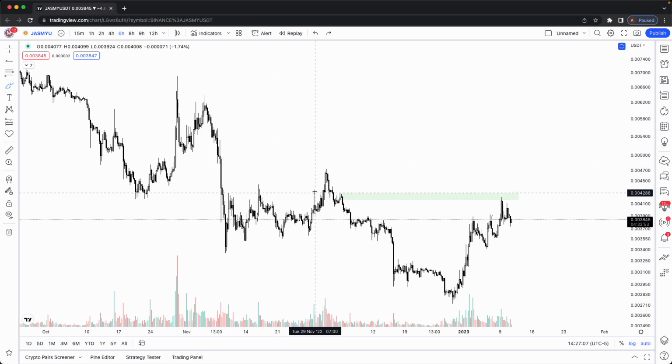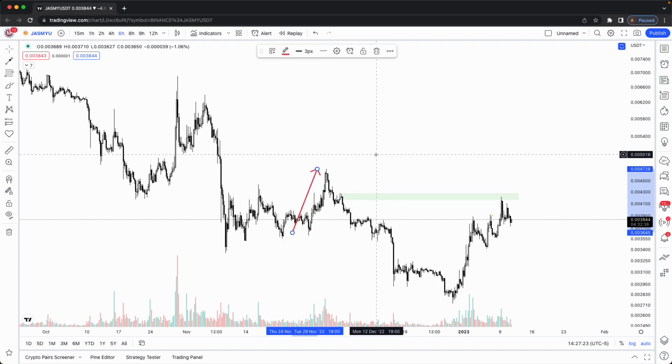the structure was broken here. So when the market comes down and it breaks the structure to the downside, because we knew that over here, if you see, the market is going up in this wave.